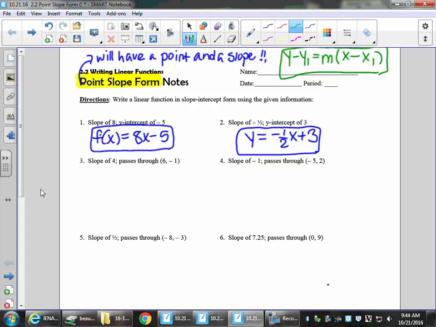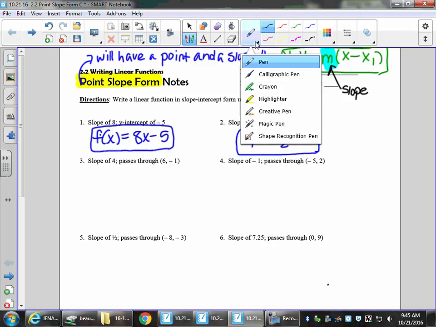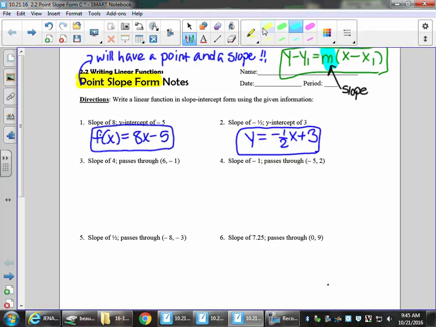So here, what do you know this is? It's an m. Which is? Slope. And then that point, right? Point slope. Here's my point.